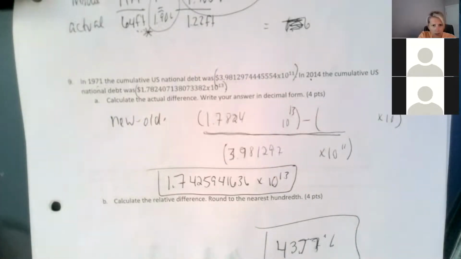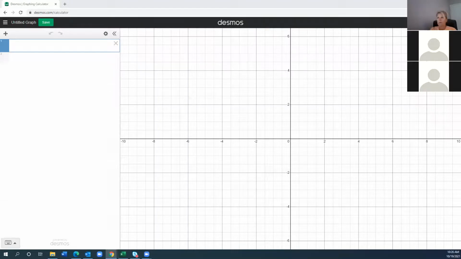So I'm going to go to my Desmos here for y'all and share with you how I would do this one. And it is going to be helpful here because I have to put my whole scientific notation in parentheses. So I've got 1.7824071380733382 times 10 to the exponent of 13, parenthesis.